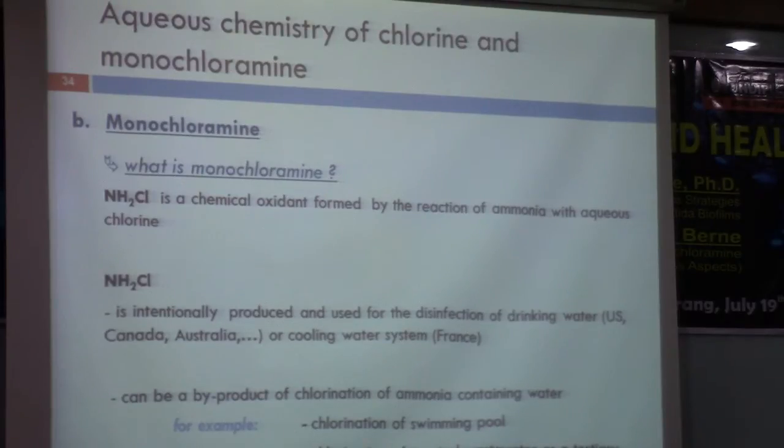But it can also be produced unintentionally as a byproduct. For example, when you do chlorination of a swimming pool, swimmers release a lot of nitrogen compounds which can react with chlorine and form monochloramine or other chloramines.